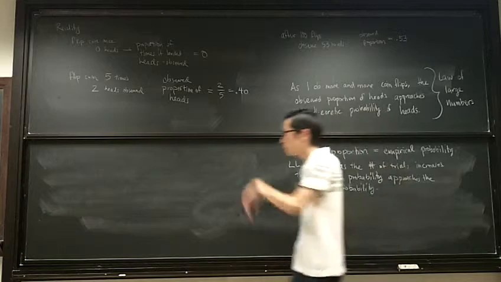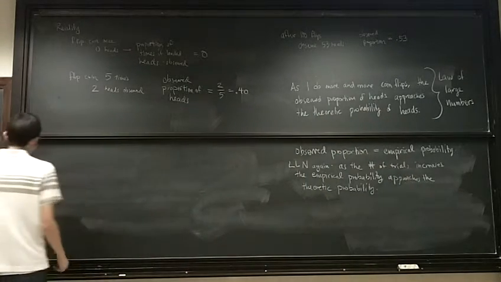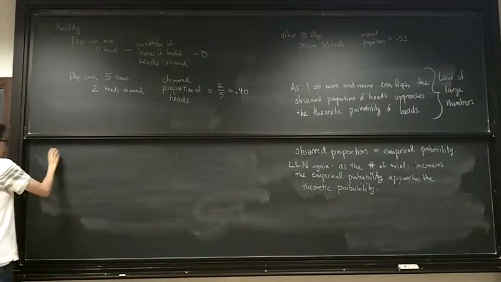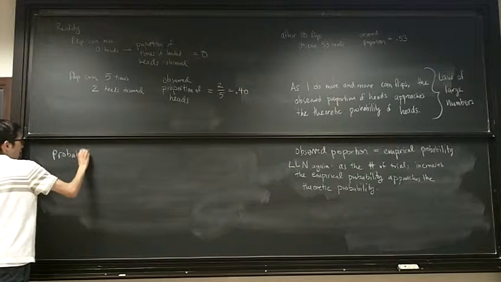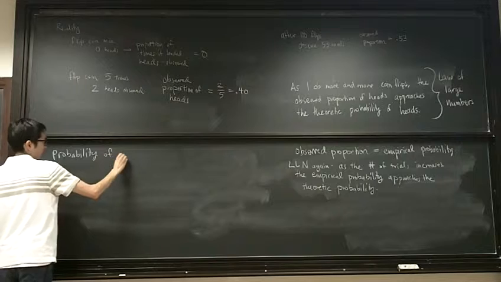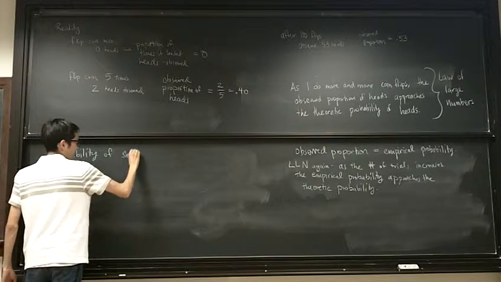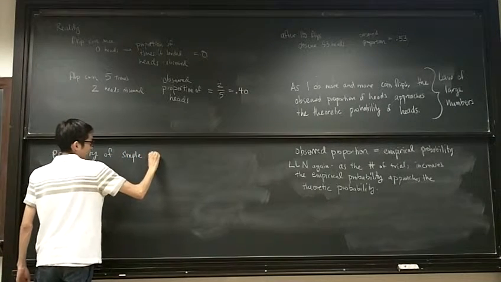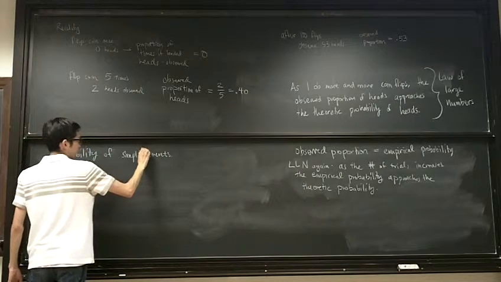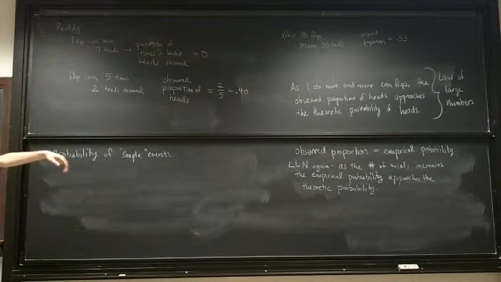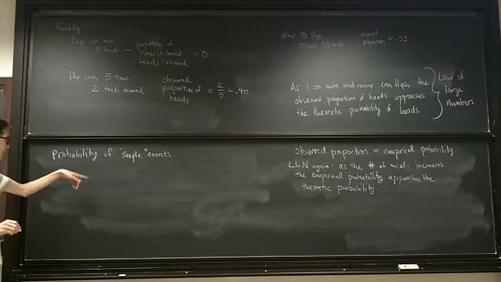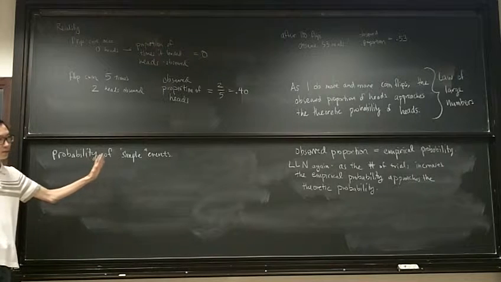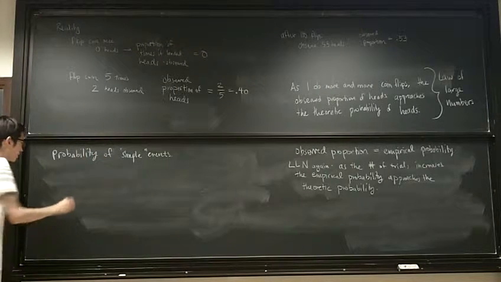All right. So maybe some of our first exposure to probability is probability of simple events. Okay. And simple may not necessarily be simple in that, but the idea behind simple here is that every outcome is equally likely, okay?